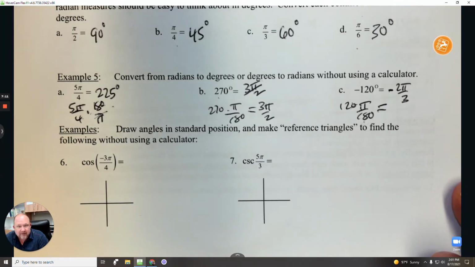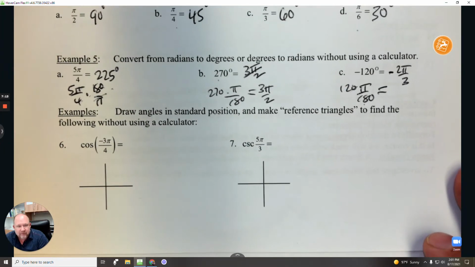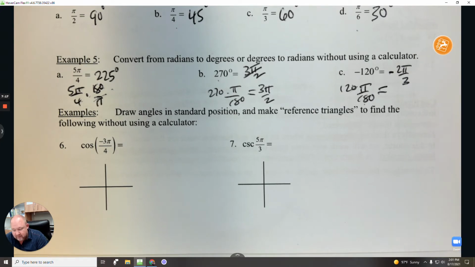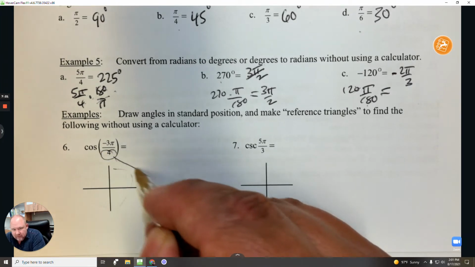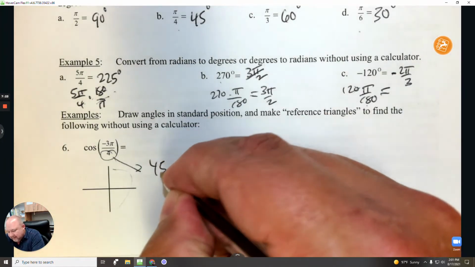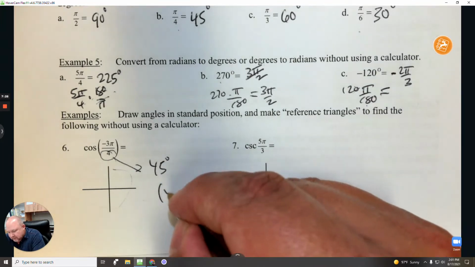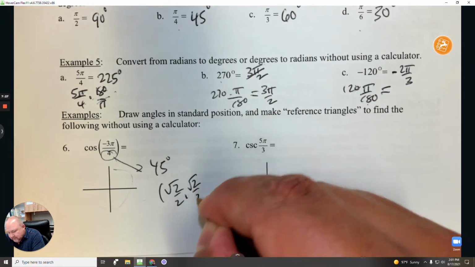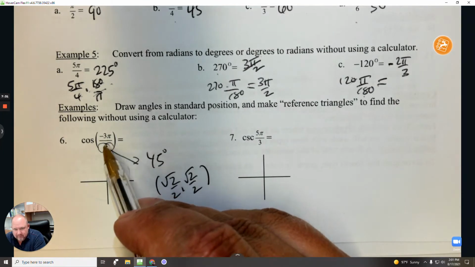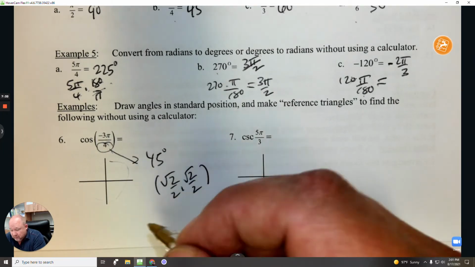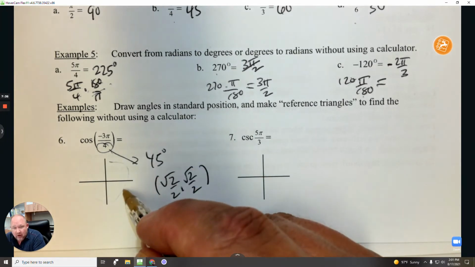terms of trigonometry. Draw angles in standard position and make reference triangles to find the following without using a calculator. So we're not going to do this. Instead, the denominator is 4, which makes it a 45-degree reference angle, which means it's root 2 over 2 and root 2 over 2. Negative 3 pi over 4: first of all, a negative angle is measured clockwise.